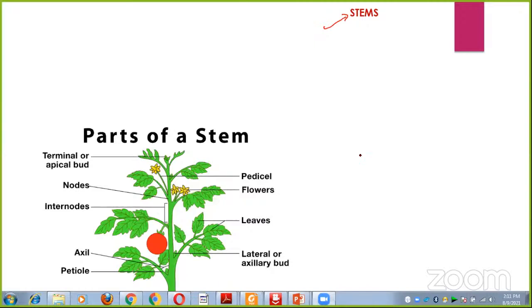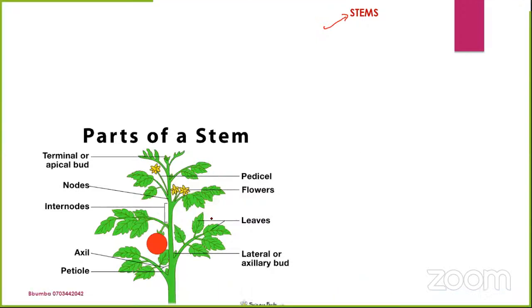If you want to identify a stem, first of all, you should have a node, as well as that node around there, and then an internode.